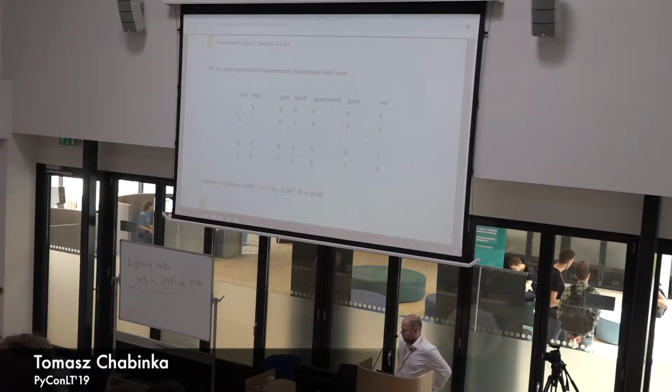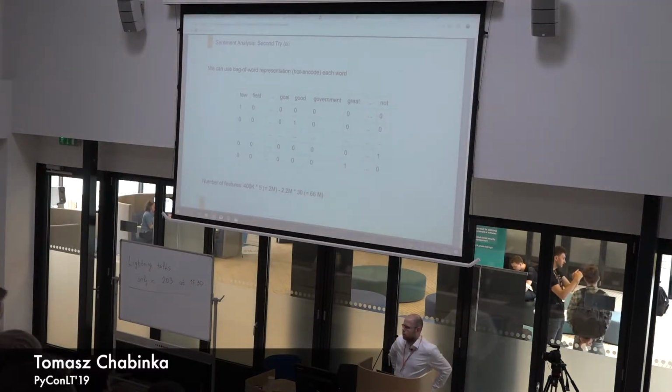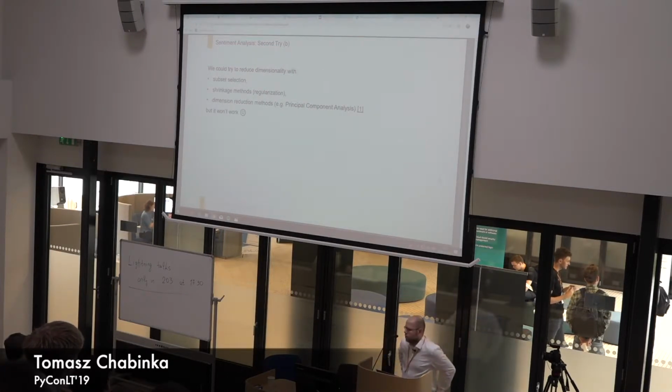We can solve our problem with lack of context by one-hot encoding each word separately, but as a result we will have even more features, so it's not good. Easily we can reach 2 million features, and it will be a real problem to train our model with that. So we could try to use different dimensionality reduction techniques, like subset selection.